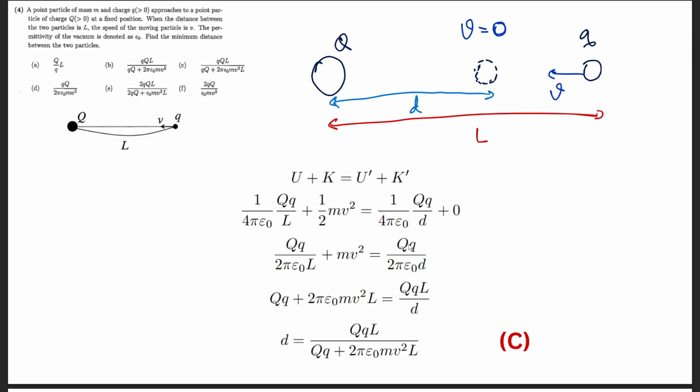We can do the same for the right side. To make our life easier too, we can multiply all of this by 2 pi epsilon naught L. So this becomes Qq, and m v squared times 2 pi epsilon naught L, and the right side, the 2 pi epsilon naught cancels and L stays here, so it is Q q L over d.